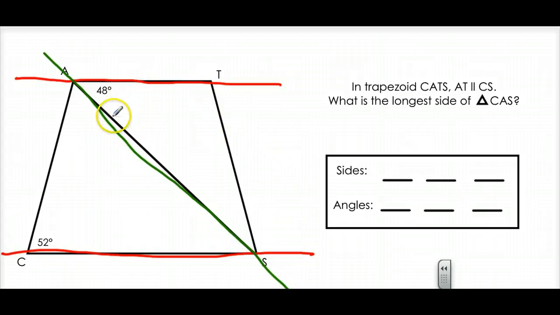And you might remember that alternate interior angles are congruent. So because AT and CS are parallel, and this is our transversal, we know alternate interior angles are congruent. So if this is 48, we know this is 48. Now that I have two angles, I can get my third angle in the triangle. So 52 plus 48 is 100, so I know my third angle is 80. And now I could solve what the largest side is.